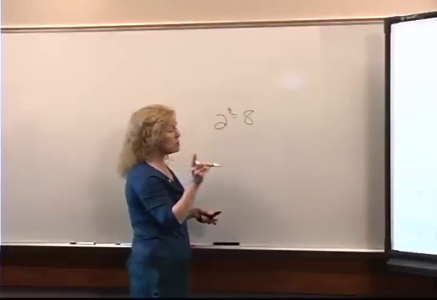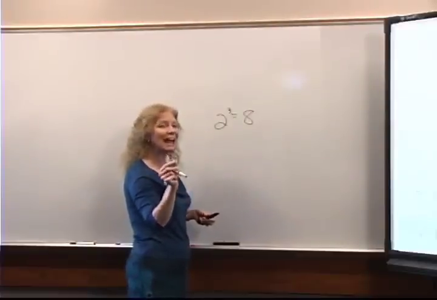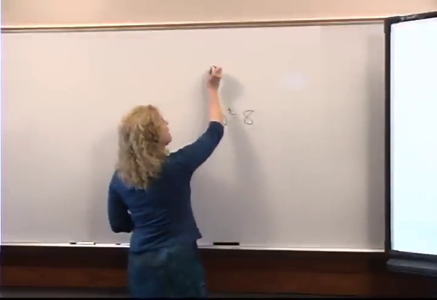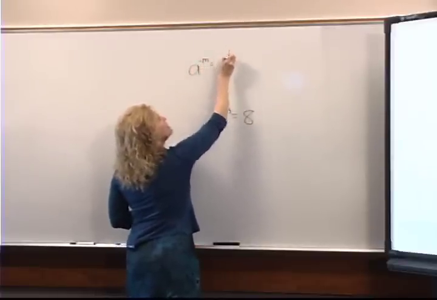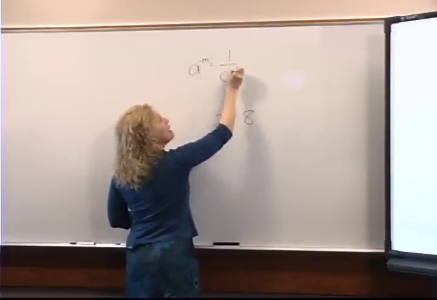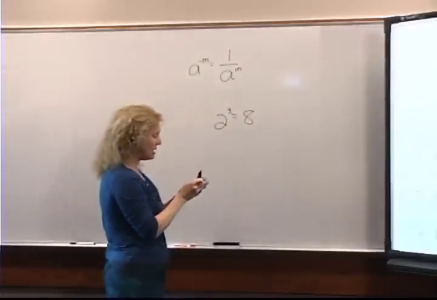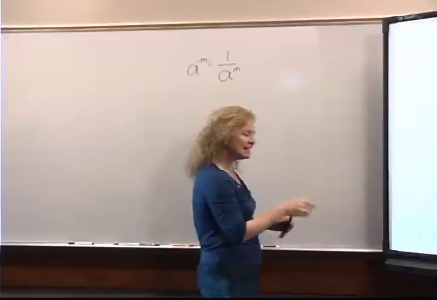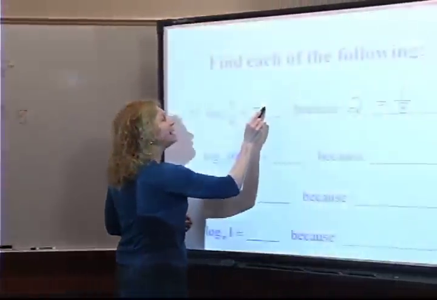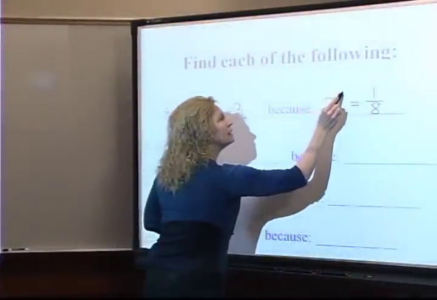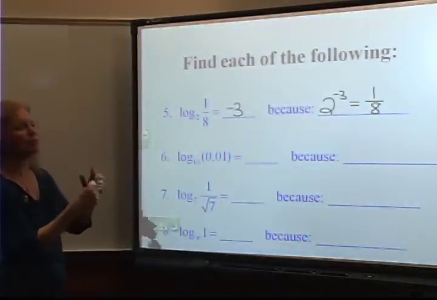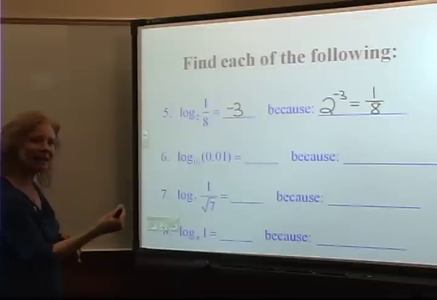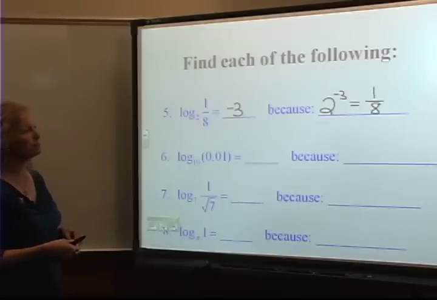Well, you might recall that that's due to a negative exponent. By definition, a to the negative m is 1/a to the positive m. So in fact, in this case, we need a -3 because 2 to the third is going to give us that 8, but the negative is going to sit it down in the denominator for us. Okay?